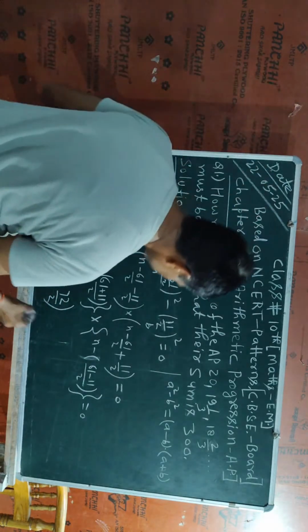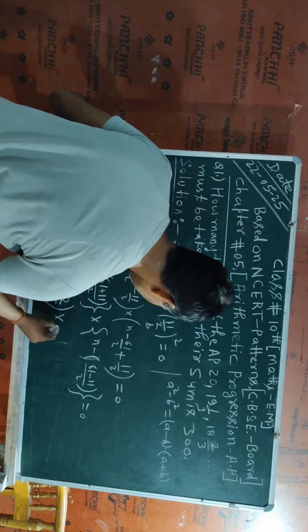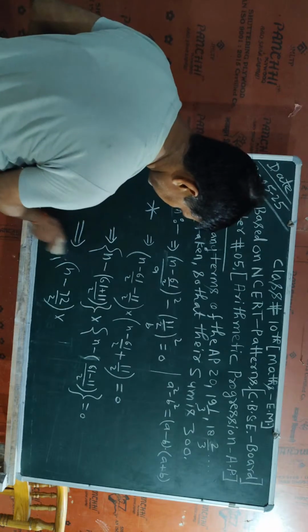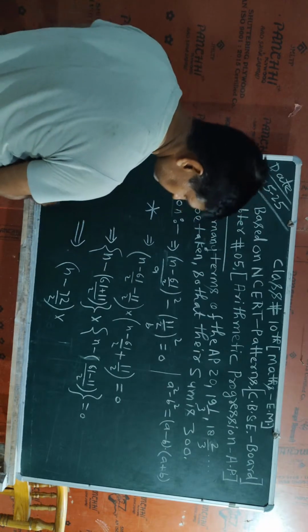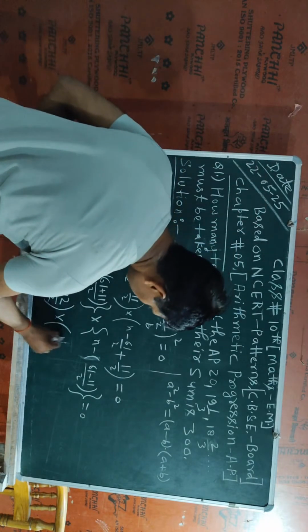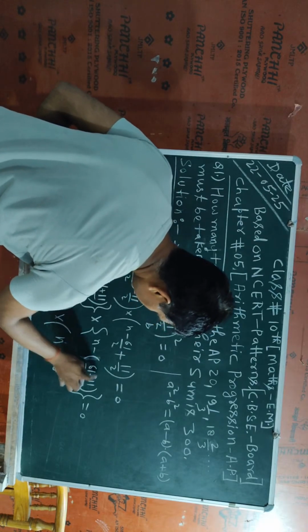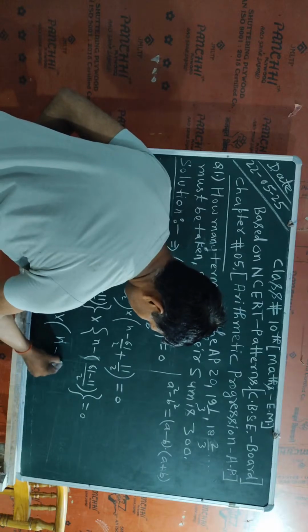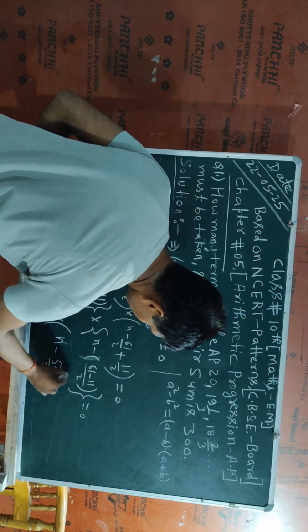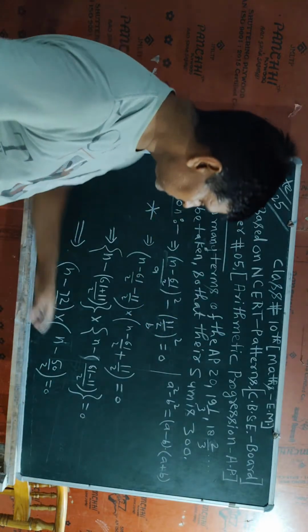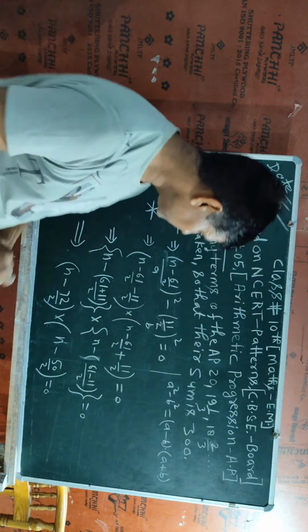In the second bracket I have to write like this: n minus, this will be 0 and this will be 5 divided by 3, which is equal to 0. Now this will be 0 and this will be 5 divided by 2.